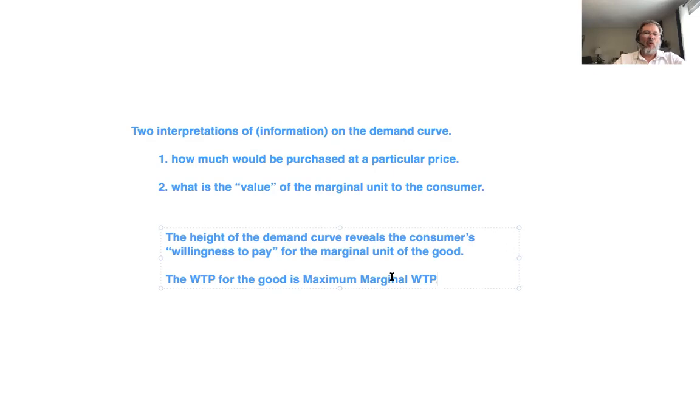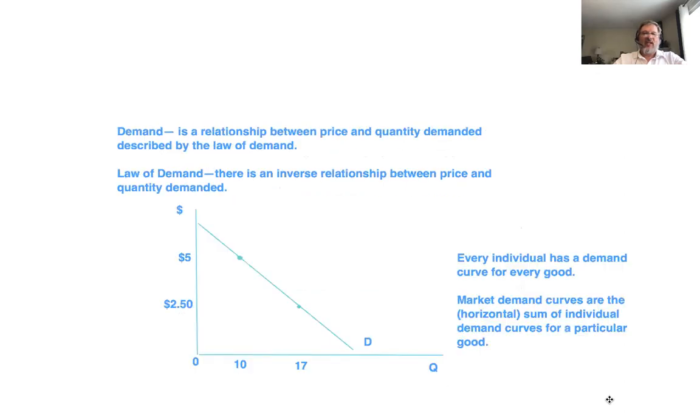We already talked about marginal because marginal is for that particular unit of the good, right? But maximum means that if we go back to our diagram here and take a look at it, what's the maximum you'd be willing to pay for that 17th unit of the good? Well, it's that price associated with it.